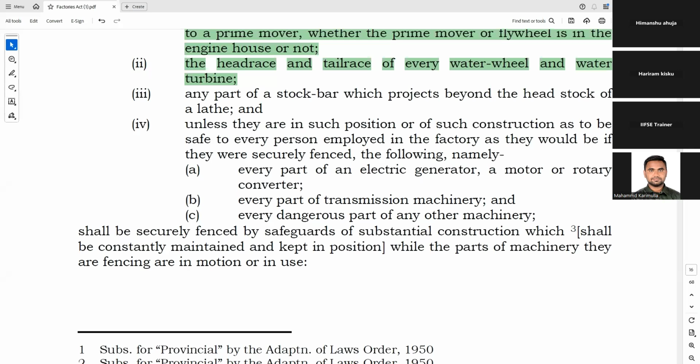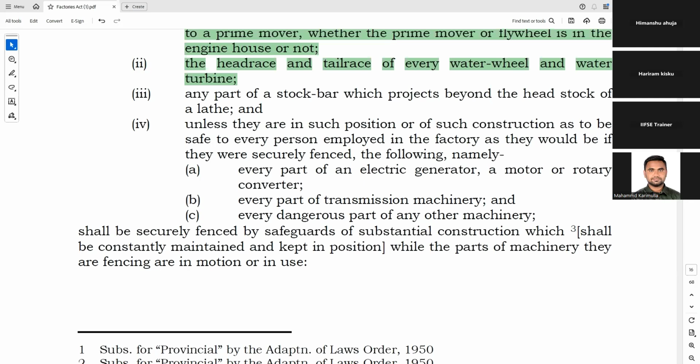So unless they are in such a position or of such a construction as to be safe to every person employed in the factory as they would be if they were securely fenced, for example, every part of an electric generator or motor or rotary converter, or every part of transmission machinery, or every dangerous part of any other machineries.